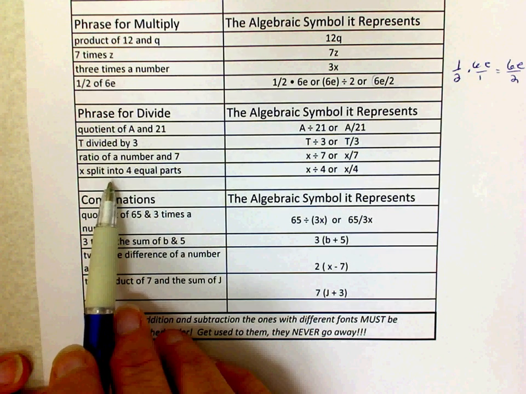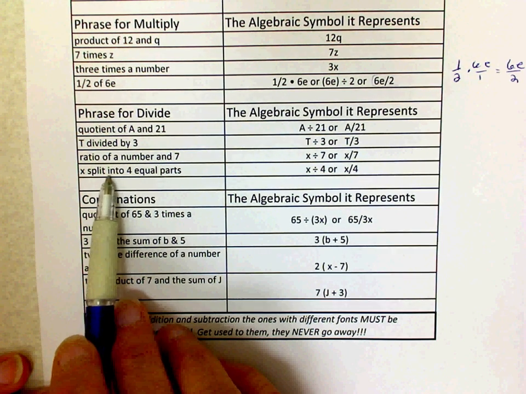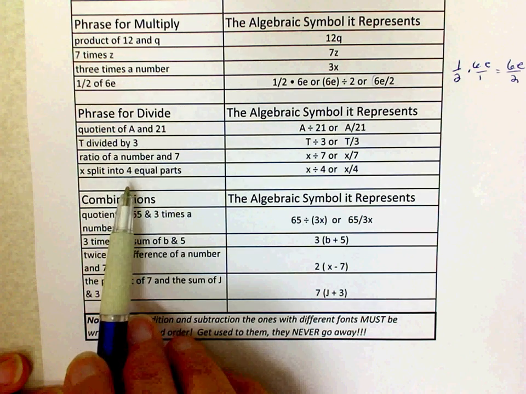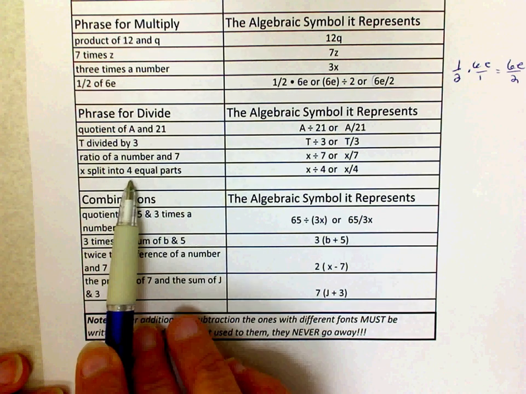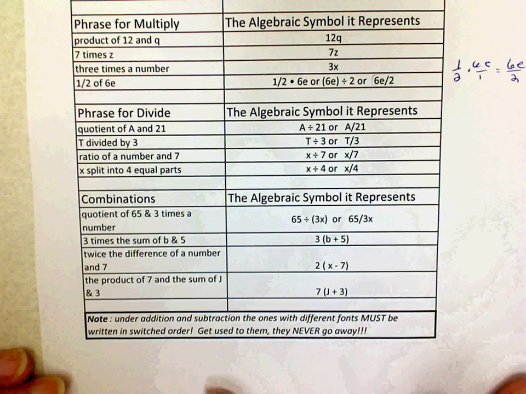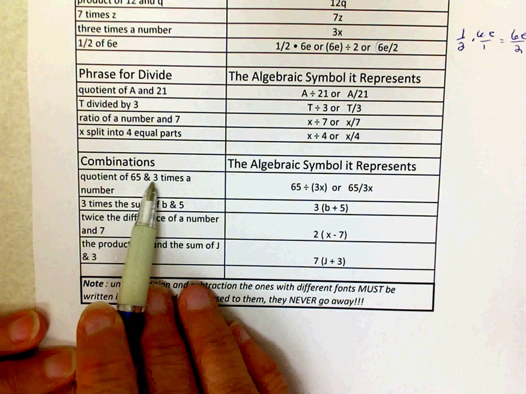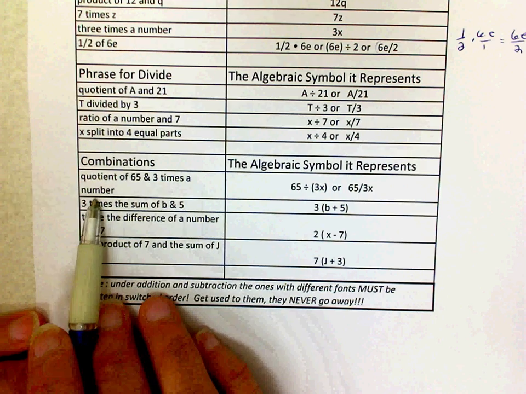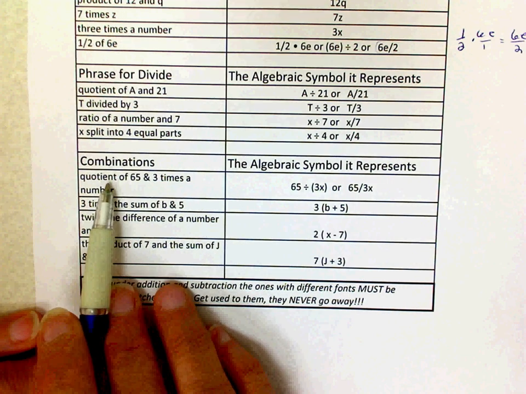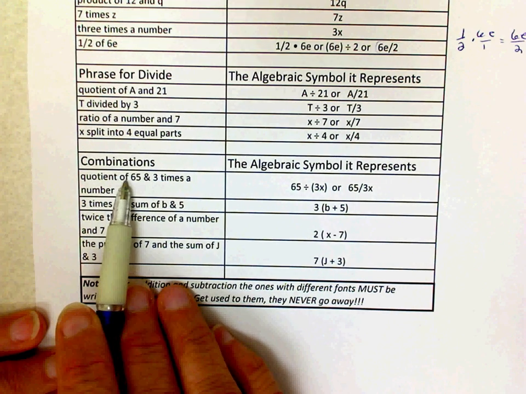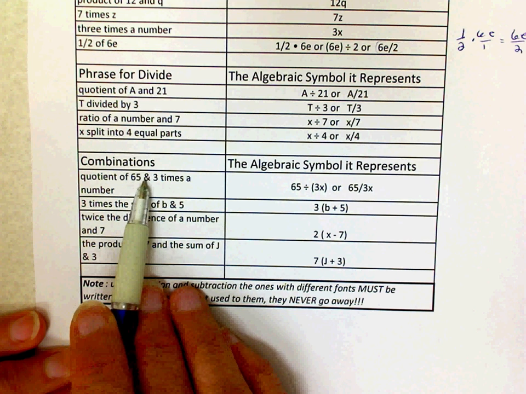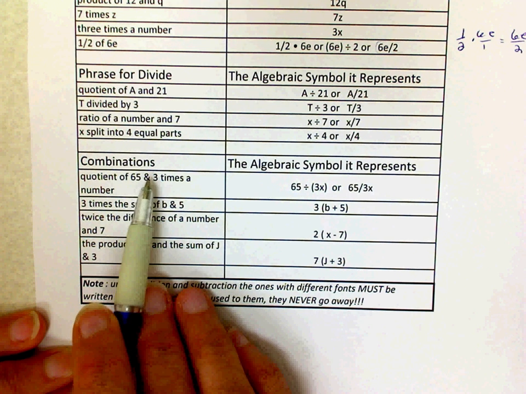Now, I don't see anything necessarily that I need to explain here, but let's go to the combinations. Quotient of 65 and 3 times a number. Ooh. Quotient of 65 and is where the divide sign goes.